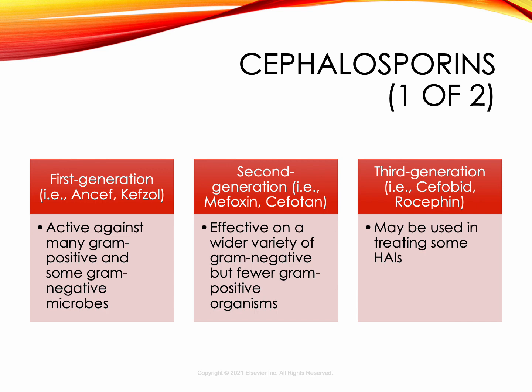The third generation of cephalosporins includes a variety of antibiotics such as cefotaxime, cefoperazone, ceftazidime, and others. And these antibiotics fight against a wider range of gram-negative microbes, but they're less effective against gram-positive ones.